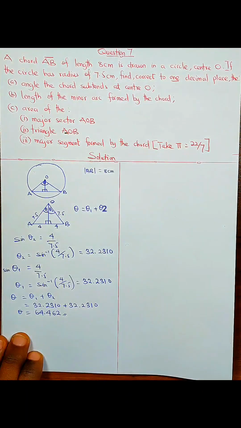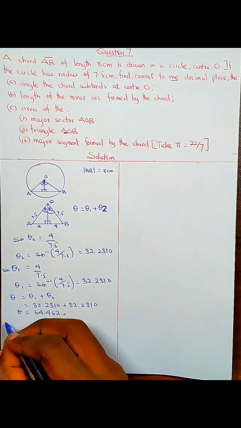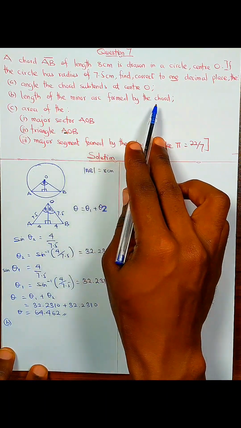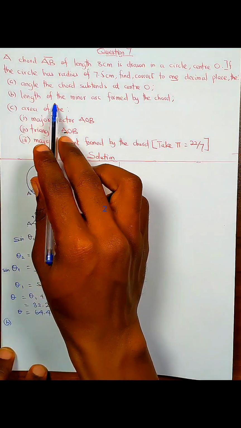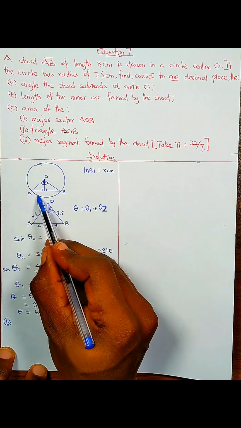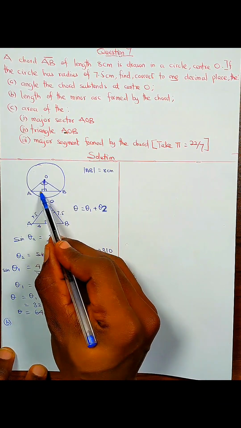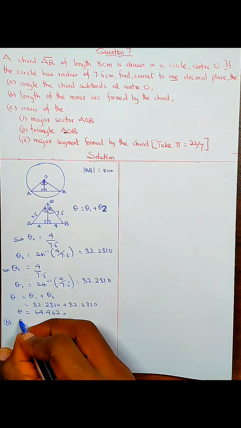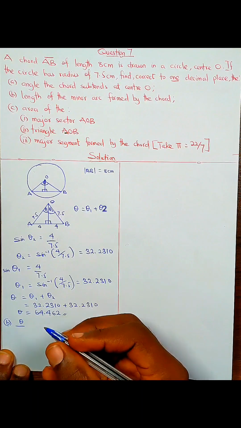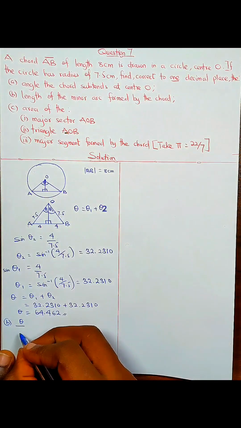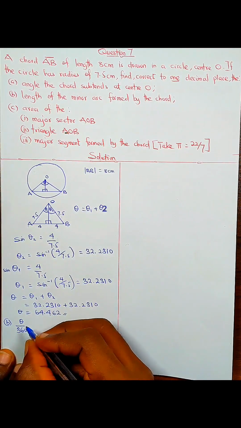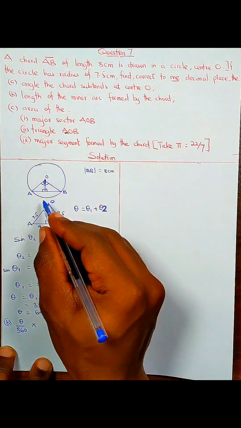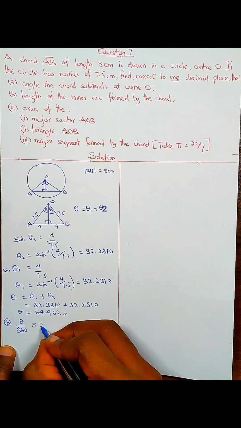B says the length of the minor arc. This is the minor arc formed by this chord. To find that, it is the angle over the total angle in a circle, 360, multiplying the circumference, which is 2 pi r.